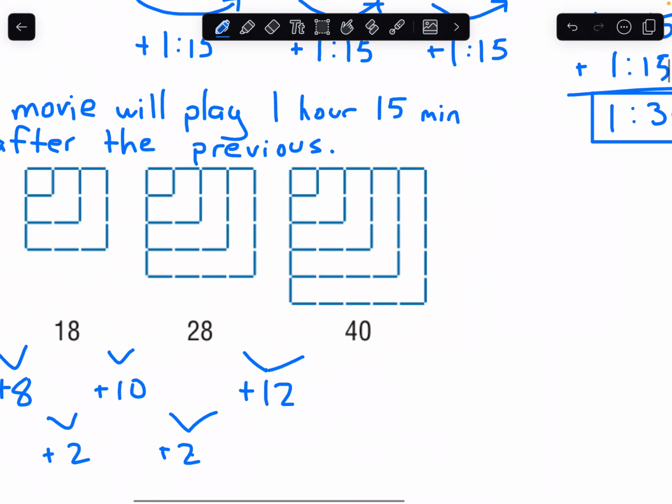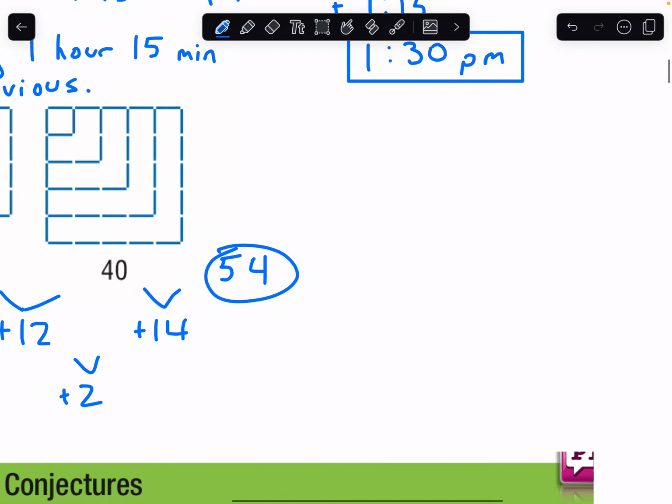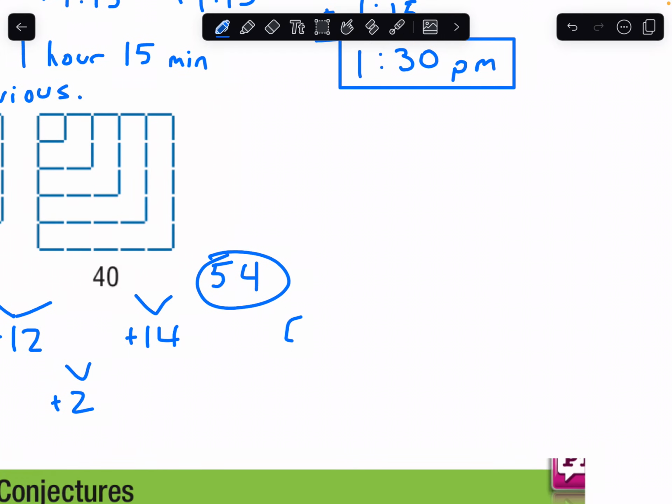Yes, that is indeed the case. 28 plus 12 is 40. So we will just continue on our way. Add 2 more than that. So that's plus a 14. 40 plus 14 would be 54. So what is the general rule?